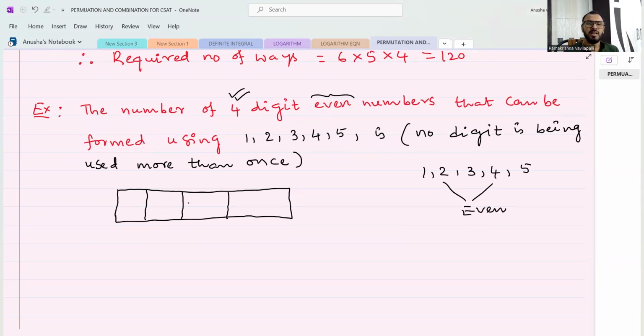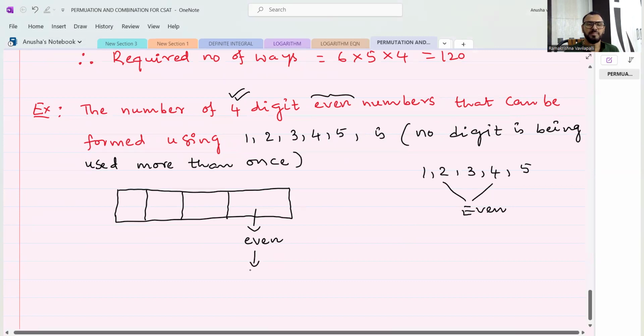So the unit-place box must be filled with an even digit. You can fill that first box with either 2 or 4, so there are 2 ways.